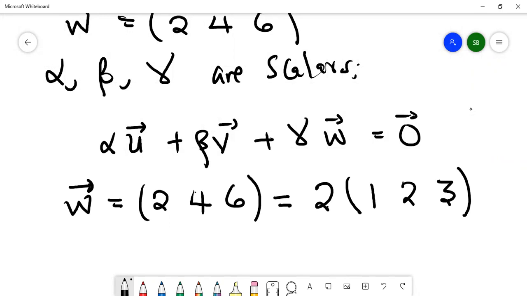Okay, and of course, this simply will give 2 multiplying U. That is W. W and U, they are related.